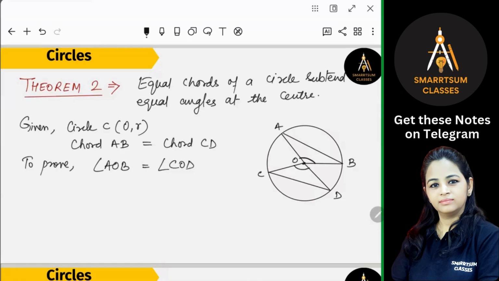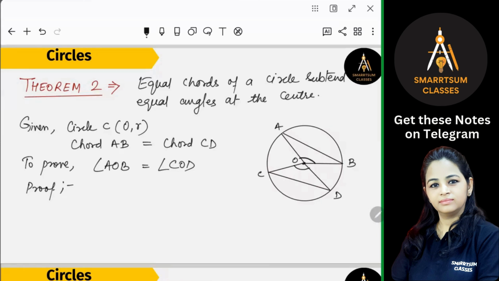Is that clear? We have to prove that these angles are equal in measurement. So how to prove this? Now look at the proof.